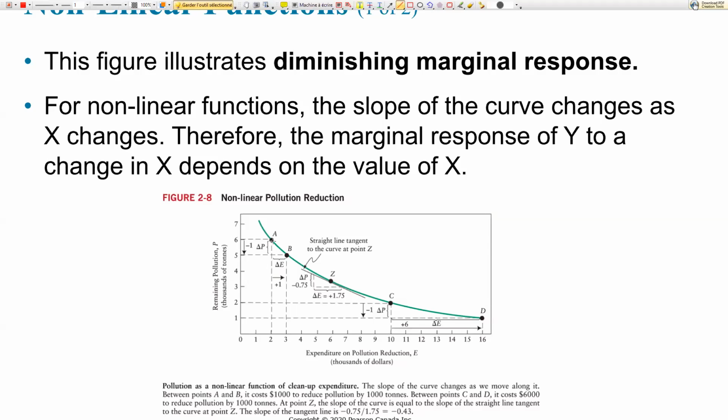Somebody knows what the slope is from A to B? -1 over 1. Yes. So we could just say -1. And then what is the slope here?